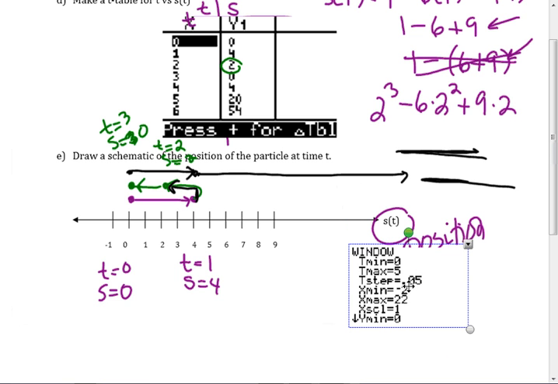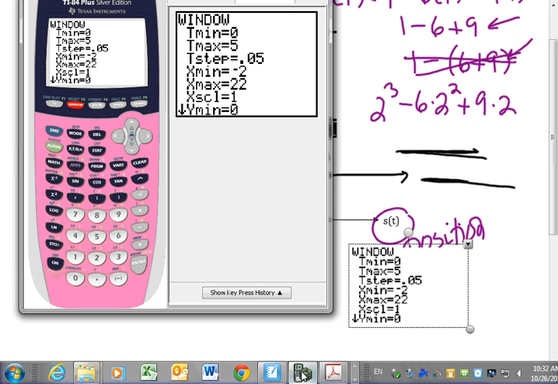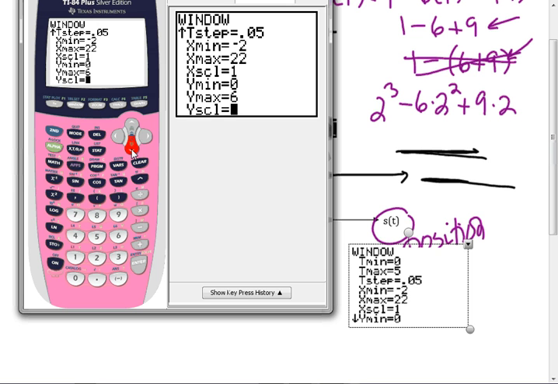Then you have it. Like the other way this used to work, but anyway. And then X scale, you can cut by ones or whatever. It doesn't matter. The Y minimum, I set at 0. We could make it -1 if you want. Y max, I put up at 6. You'll see why I went to 6 in a moment. Doesn't matter. It's going to be bigger than 2 for the moment.